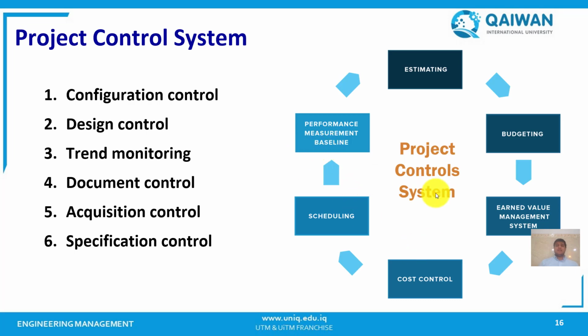By implementing the project control system, project managers can effectively monitor project progress, identify deviations, and then take corrective actions if needed, and ultimately ensure the project stays on track to achieve its objectives within defined constraints.